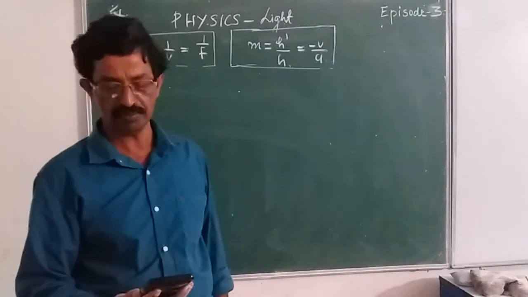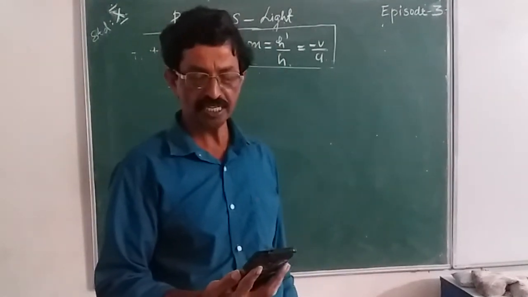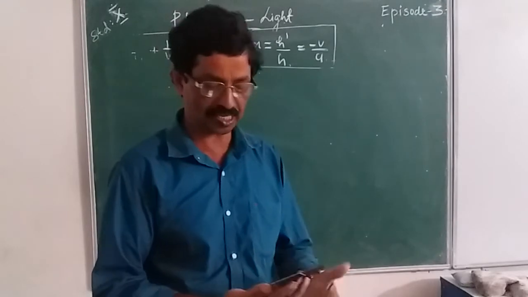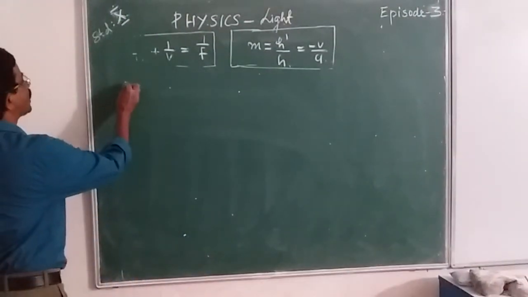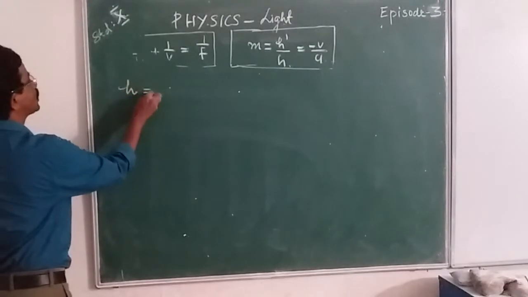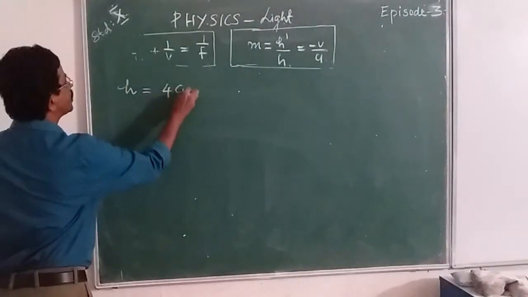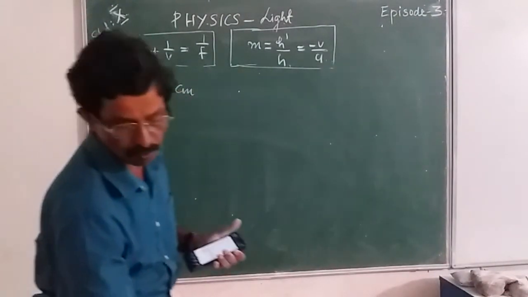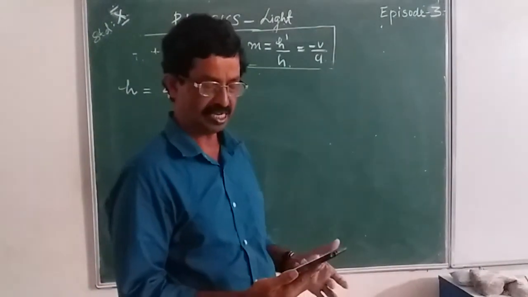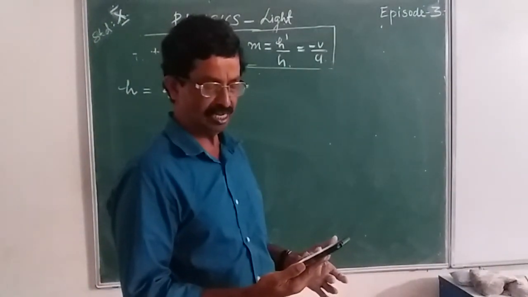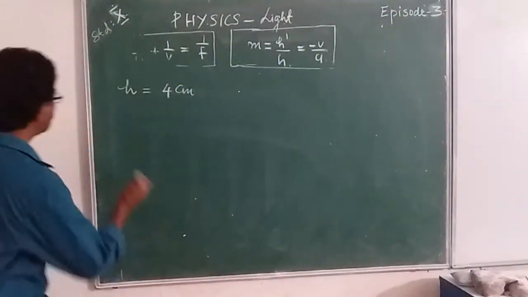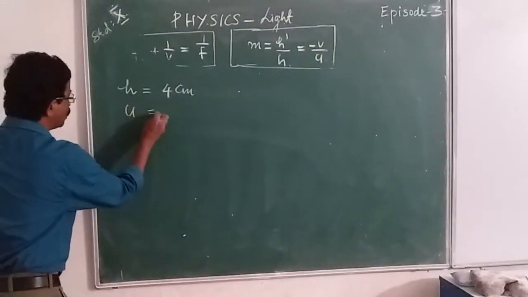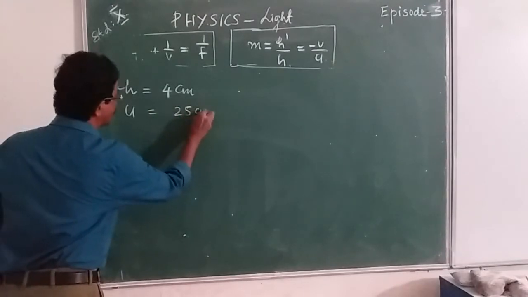Next problem: an object 4 centimeter in size. That means the height of the object is given as 4 centimeter. An object 4 centimeter in size is placed 25 centimeter from a concave mirror. Object distance u is equal to 25 centimeter.